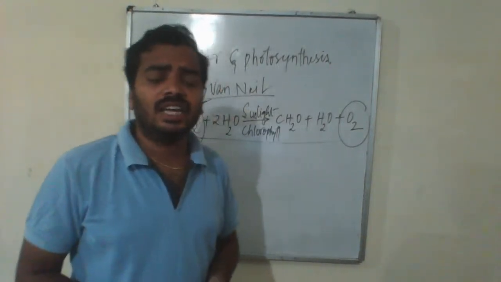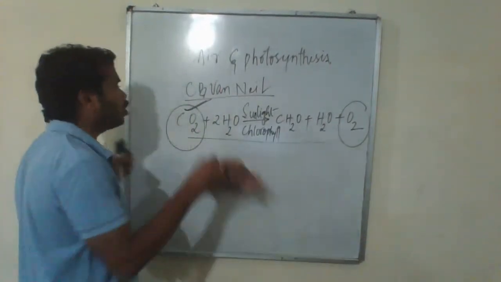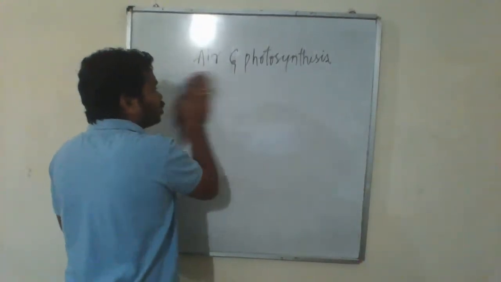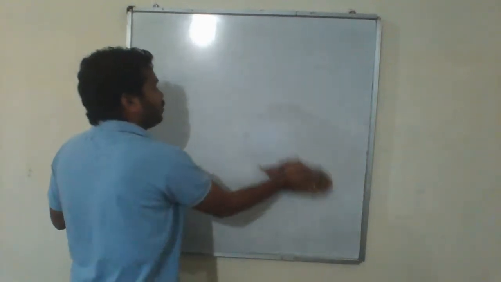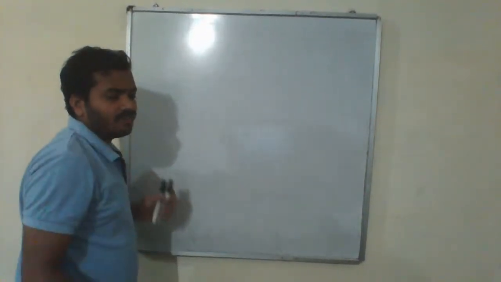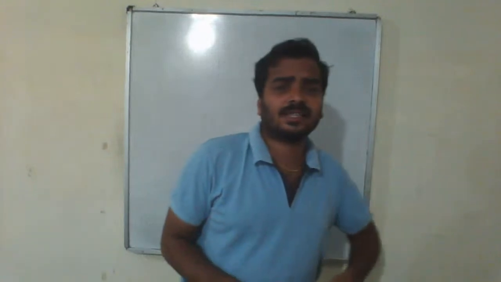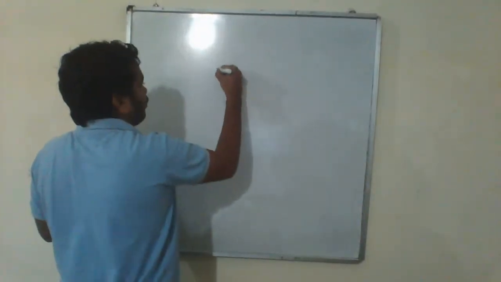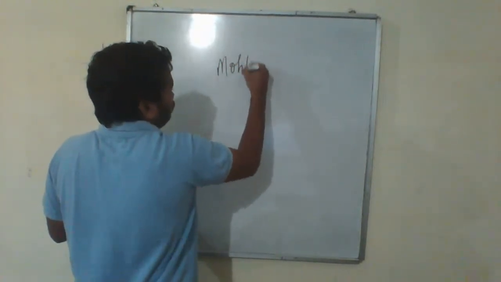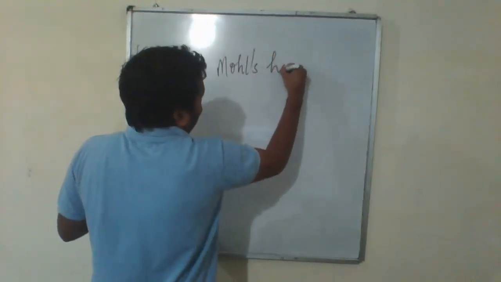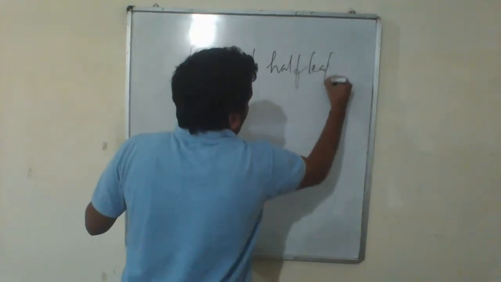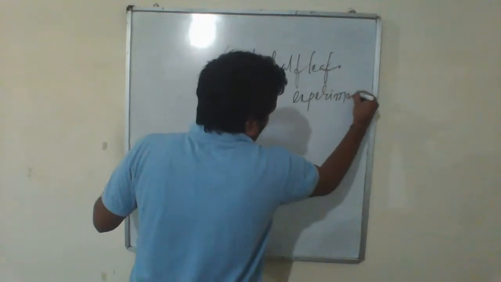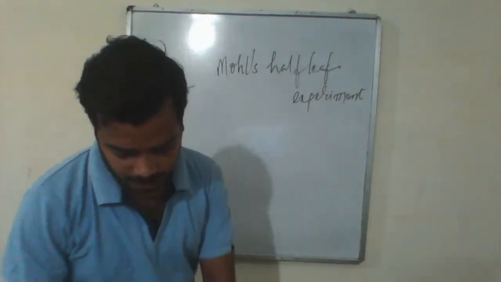This activity is named Mohl's half-leaf experiment, an activity to show that CO2 is used by plants. As this experiment was conducted by Mohl, it is called Mohl's half-leaf experiment.